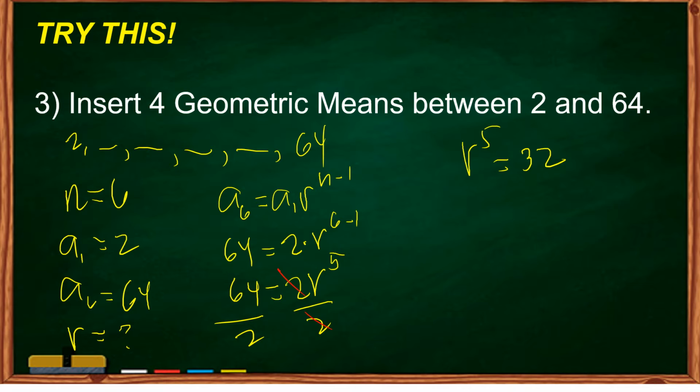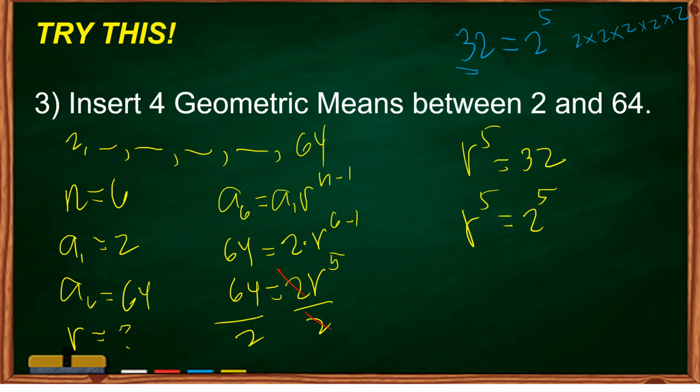But please take note that 32 can be expressed as 2 raised to 5 because 2 times 2 times 2 times 2 times 2 will give us 32. So we can rewrite this as r raised to 5 equals 2 raised to 5.